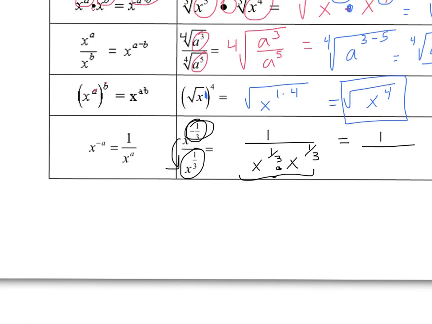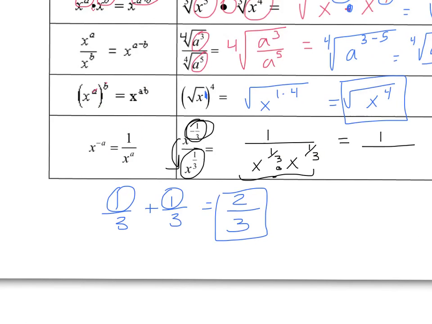Remember, they are being multiplied, so you add those two powers. Now, 1/3 plus 1/3 is going to be, remember, you add the numerators, so 1 plus 1 is 2, and you copy the denominator. Again, you can do that on the calculator, so it would be x to the power 2/3, since you added those 1/3 and you got a 2/3. So 1 over x to the power 2/3.